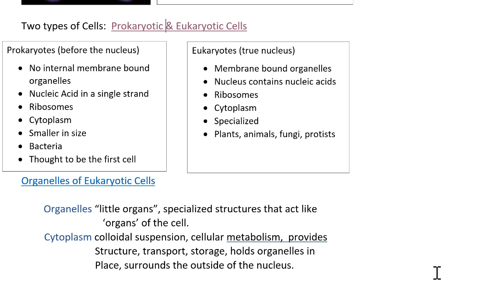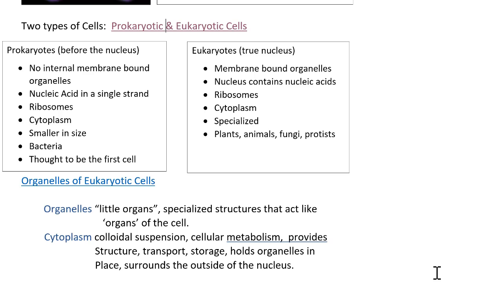And the types of organisms that are eukaryotic, everything else, plants, animals, fungi, protists, those are all going to be eukaryotic cells. We're going to spend more time talking about the eukaryotic cells than we do the prokaryotic cells.